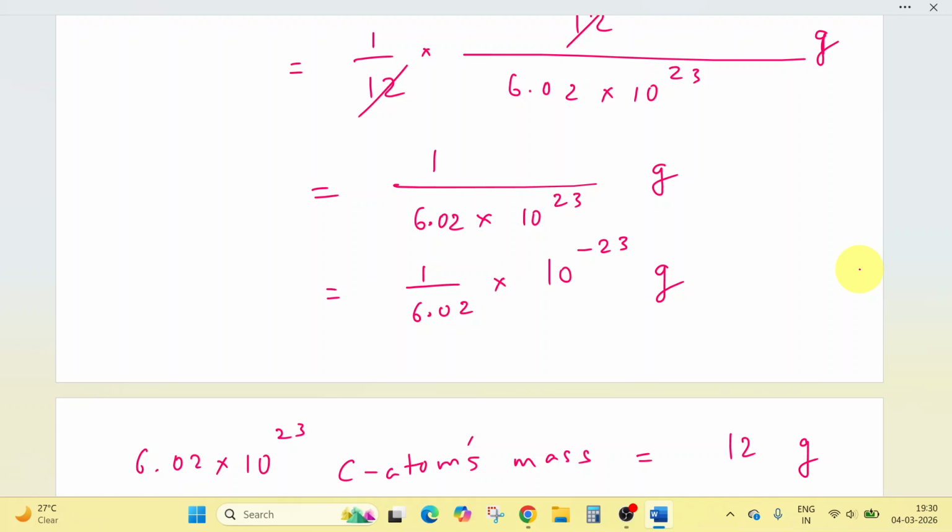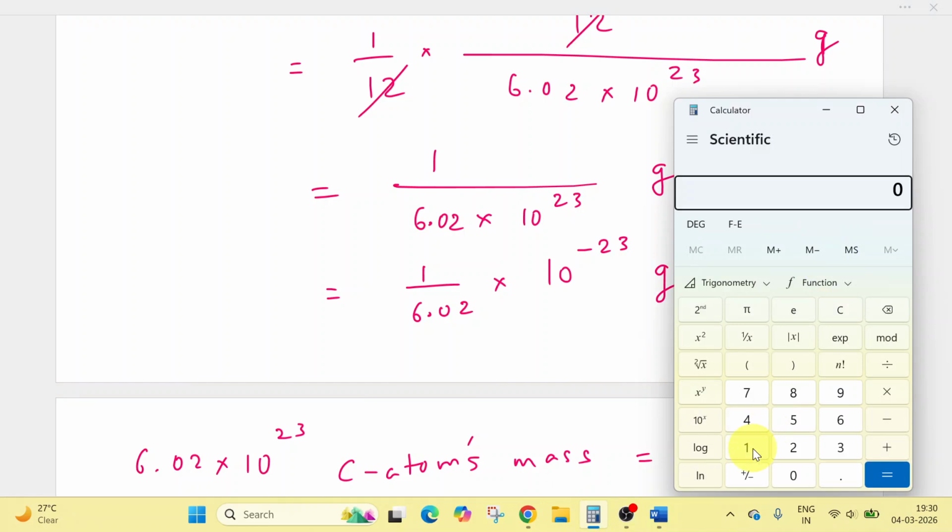Now 1/6.02 in calculator we will see how much it is taking. 1 divided by 6.02. This portion is giving us 0.166.